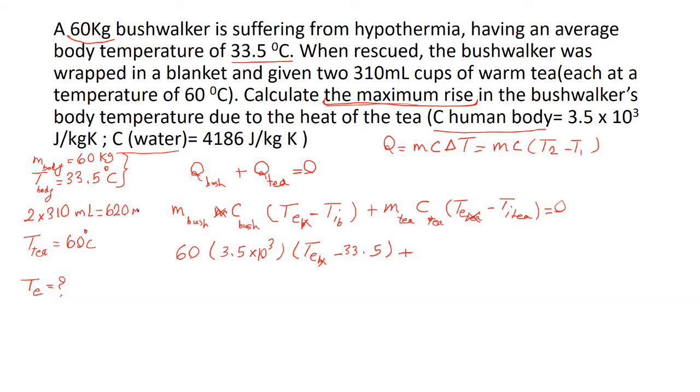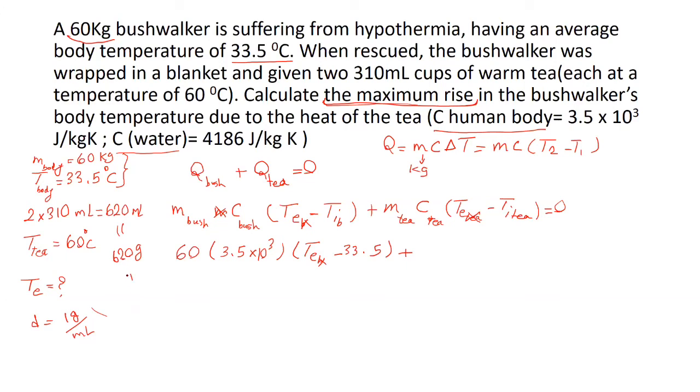310 milliliter cups of tea, so it's equal to 620 milliliters. And we know the density of water is 1 gram per milliliter. So it means 620 milliliters of tea or water is equal to 620 grams. We need to convert it to kilograms, because mass here should be in kilograms.